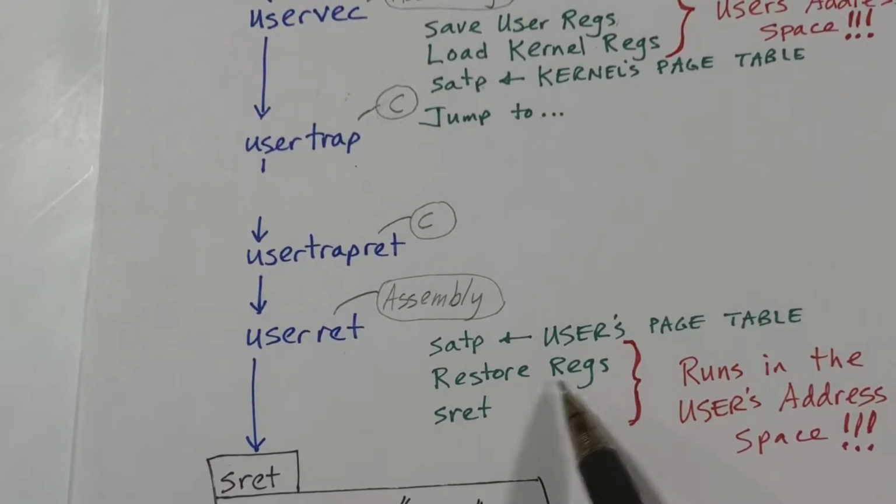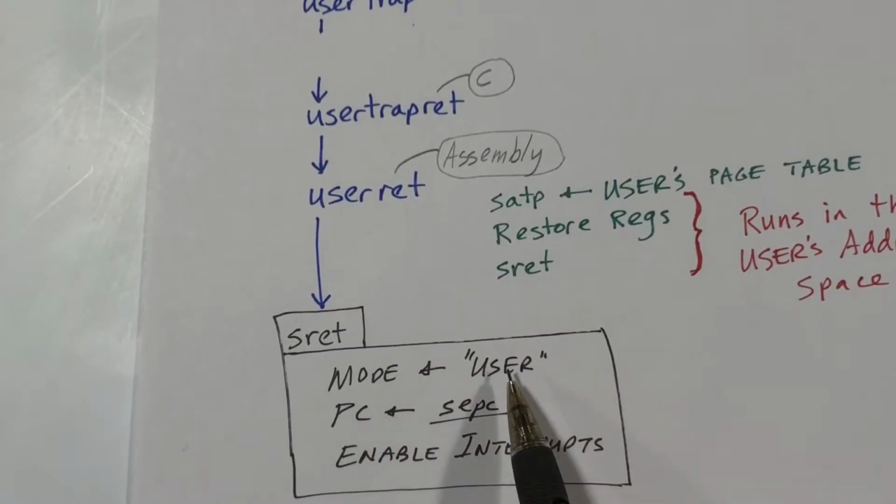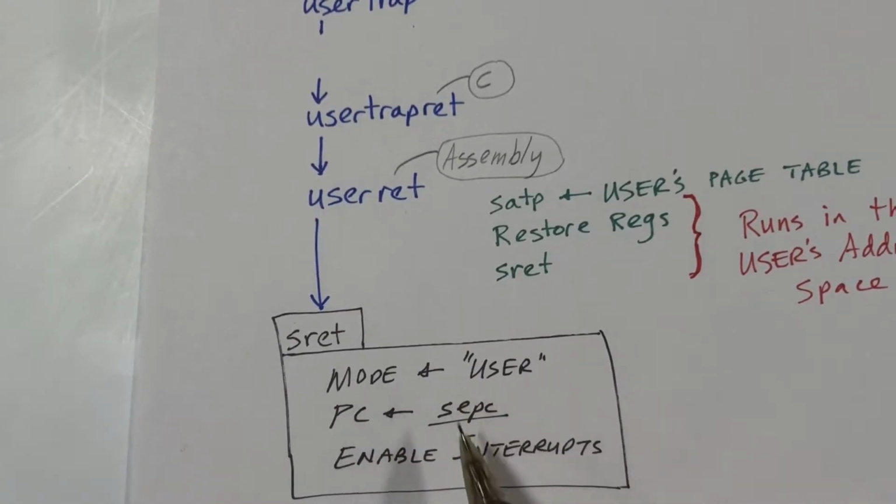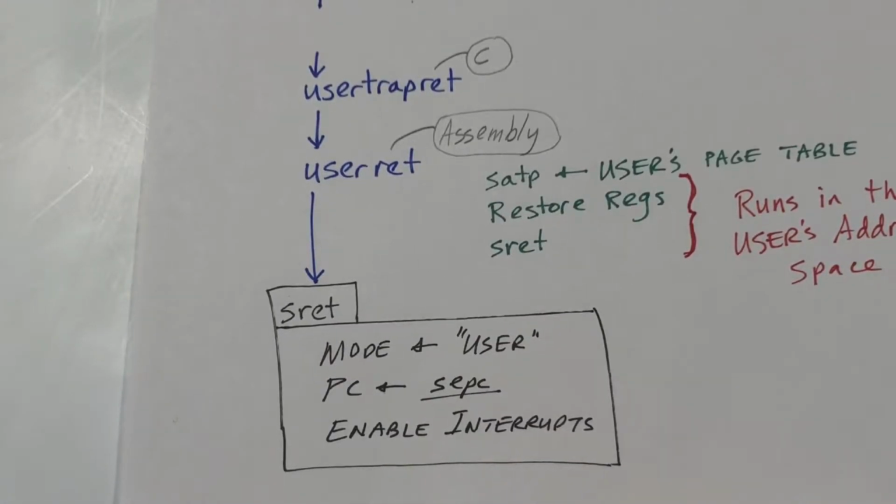And then directly before executing the sret instruction, it will restore the user's registers. And finally, the sret instruction will switch the mode into user mode, and it will restore the program counter from whatever's in the SEPC register, and finally enable interrupts. And from then on, we execute in user mode.